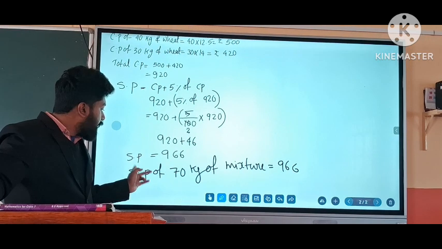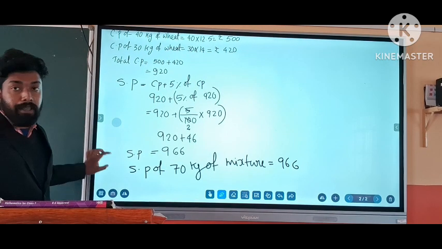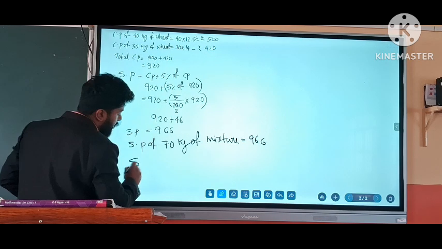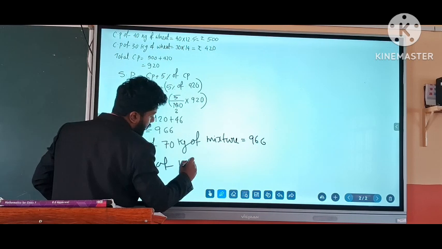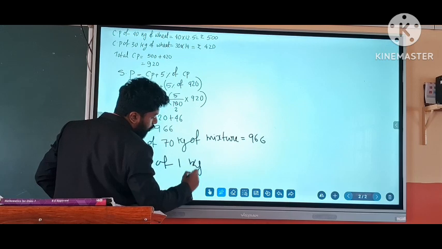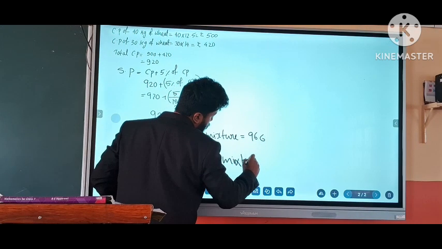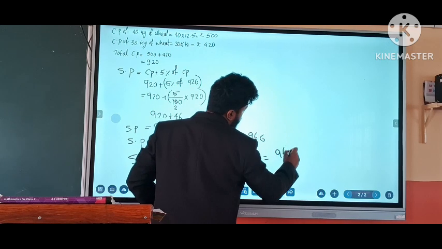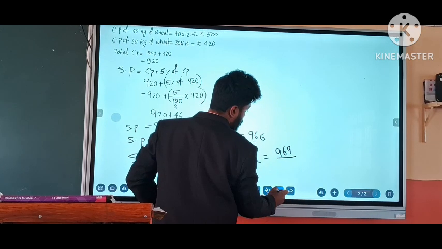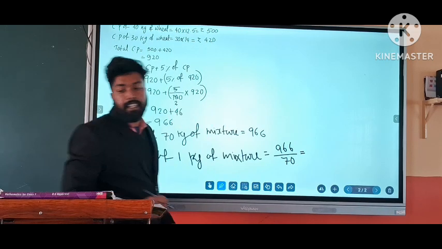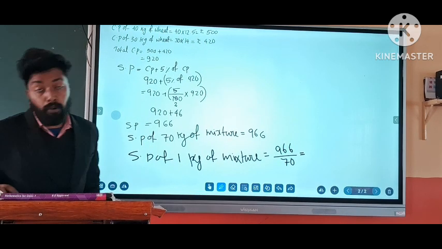So here we can write that the selling price of 70 kg of mixture is equal to 966 rupees. Then what is the selling price of 1 kg of mixture? 1 kg of mixture is equal to 966 upon 70, that is equal to 13.80.